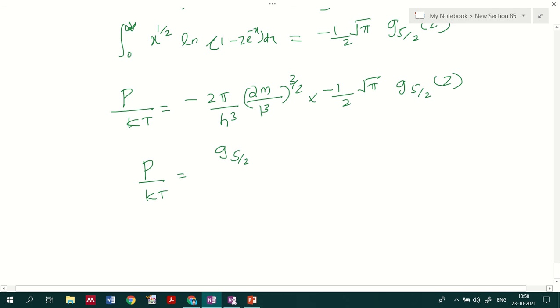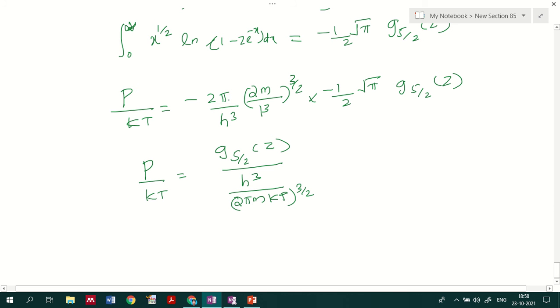g raised to 5 by 2 of z divided by h cube, okay, divided by 2 pi m kt, all raised to 3 by 2. How it comes?